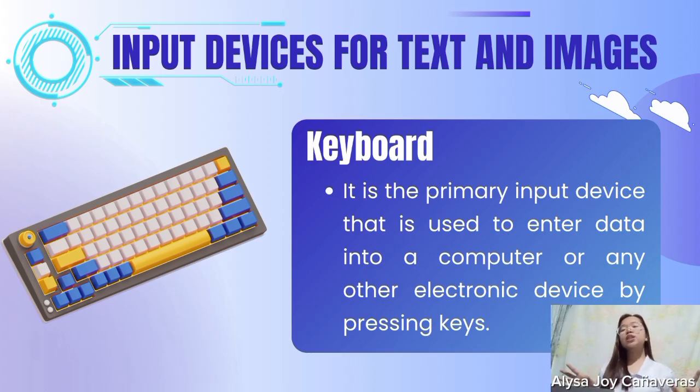The keyboard is considered an input device for text and images because once you press a key on that keyboard, it sends signals into the computer and the computer would process it by displaying the corresponding letter that you have pressed. Every key has a corresponding letter, character, symbol, or number.